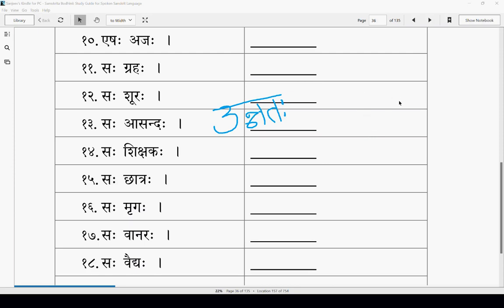If Strilinga, it will be different because it's an adjective. So if it is Pullinga, Saha Unnataha Balakaha. We can say that, right? And if we leave that Balaka from the sentence, we can just say Saha Unnataha. He is tall.